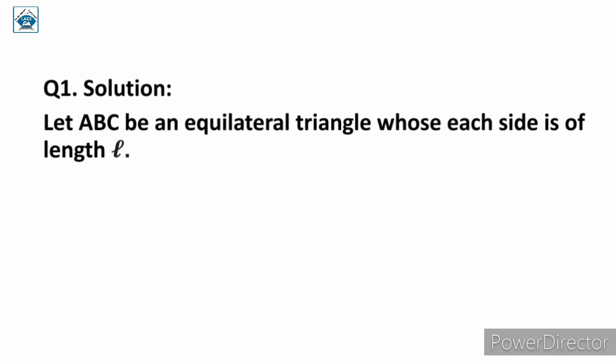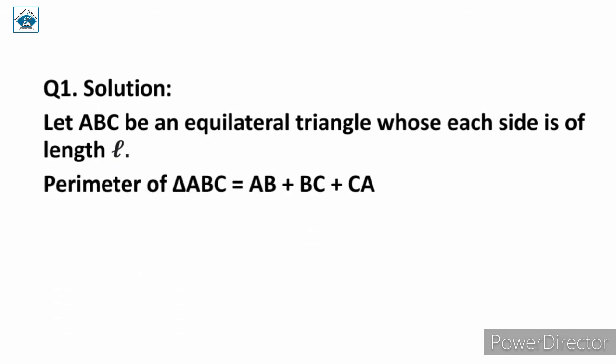Let ABC be an equilateral triangle whose each side is of length L. This we are given in the question. Perimeter of triangle ABC is equal to AB plus BC plus CA. That is the sum of length of each of its sides.